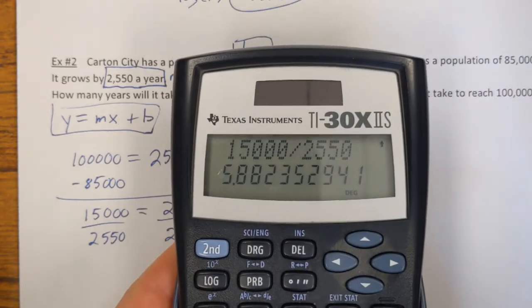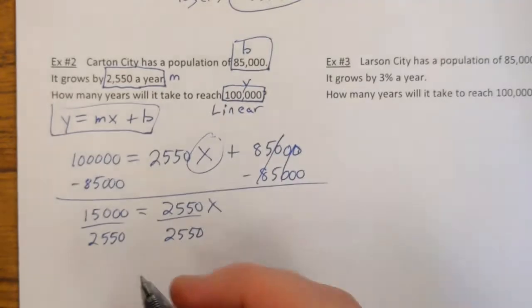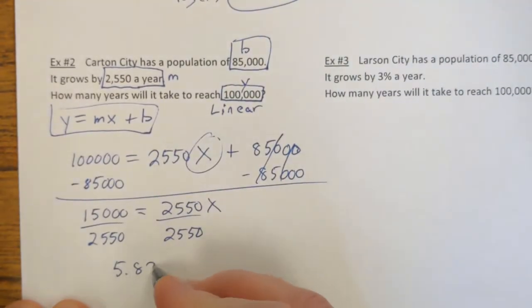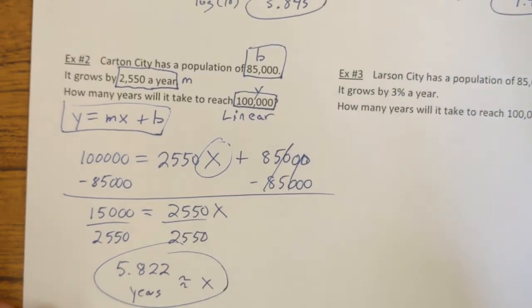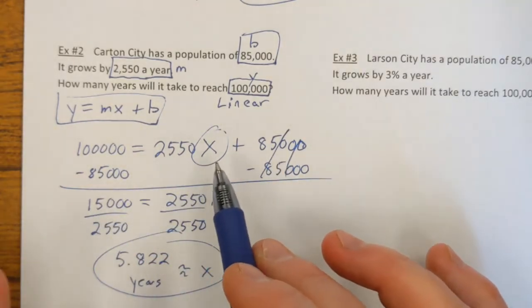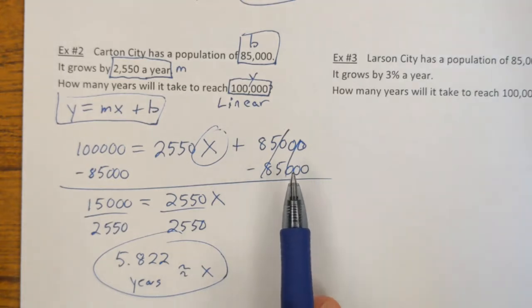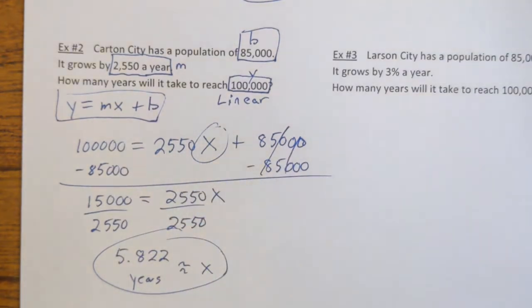It comes out to the nearest thousandth to 5.882 years. 5.882 years. We rounded, so I'll put approximately equal to x. Okay, but this is very basic. The x is a normal x. You don't have to do anything fancy. Subtract 85,000 from both sides. Divide by your coefficient. Boom, there's your answer.